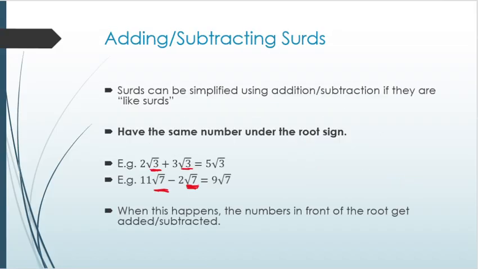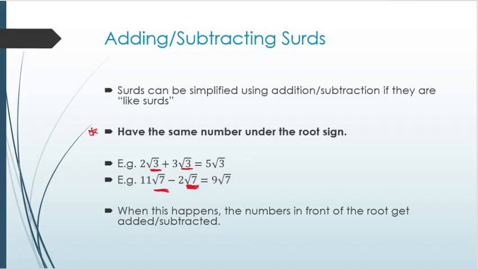So right, adding and subtracting surds, okay? I explained this all earlier, so you don't need to do that. This is the most important thing, okay? Once you're adding and subtracting surds, you have to make sure they have the same number underneath the root sign. So I've already underlined them. In my two examples here, I have 2 root 3 plus 3 root 3.